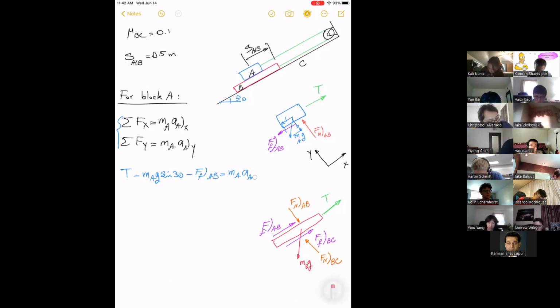Because you don't have AY, it is going to be 0. It makes life easier. Is this correct? Friction here, P here, and gravity here, all three X components of the forces, right?